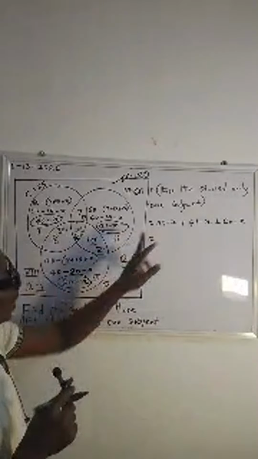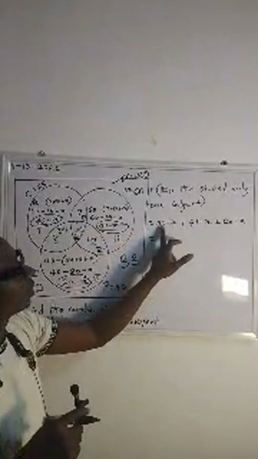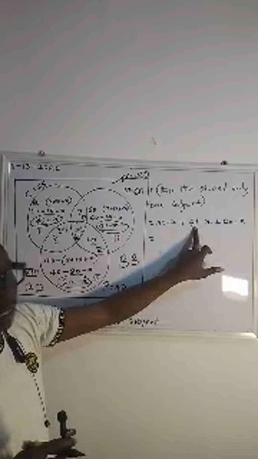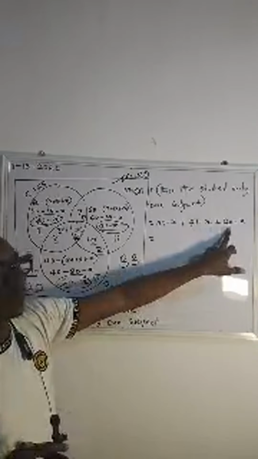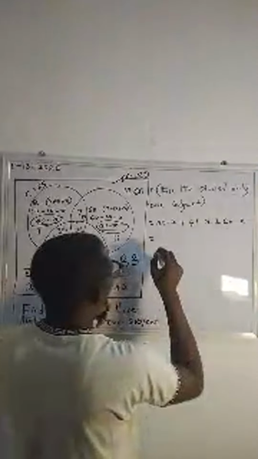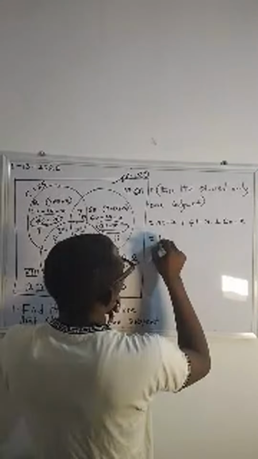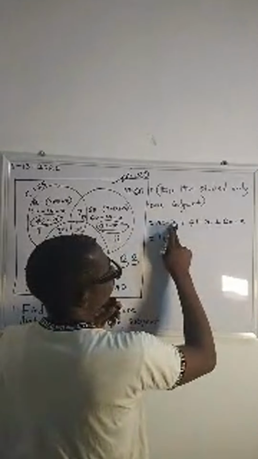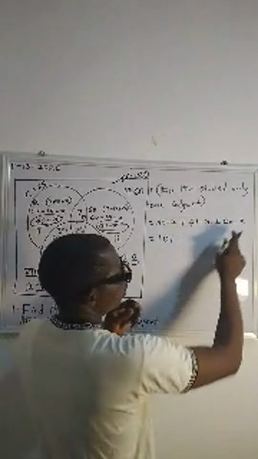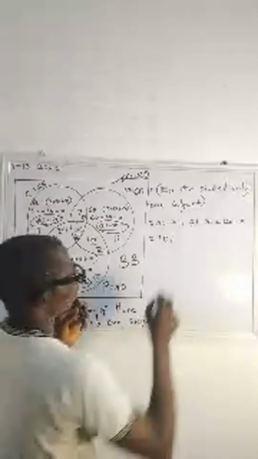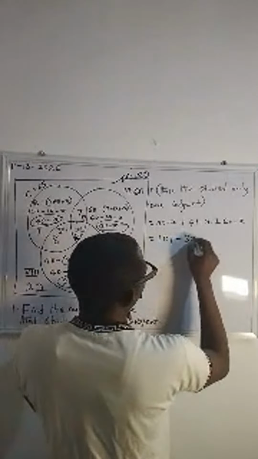All right, now let's add the numbers together. 40 plus 41, that is 81. 81 plus 20 gives you 101. So we have 101. Now let's add the x together. We have minus x, minus x, minus x. So we are having 3 minus x, that is minus 3x. So negative 3x.